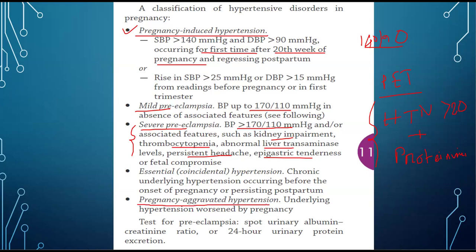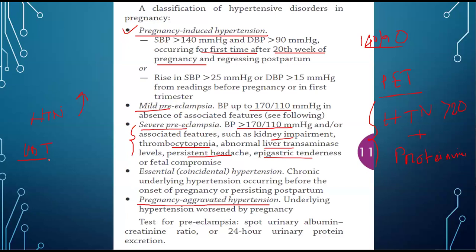Let's say you have a pregnant patient who you suspect can be a case of preeclampsia. You will first check their blood pressure, and find that the blood pressure is high. To diagnose preeclampsia, you need proteinuria. So how do you check proteinuria? First of all, you do a urine dipstick. In the urine dipstick, it will say 3 plus or 4 plus protein.